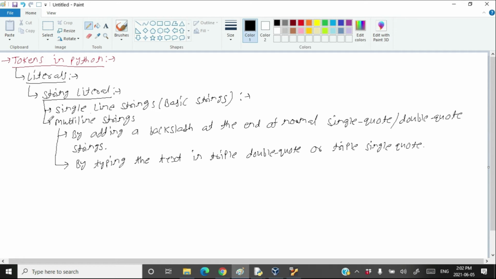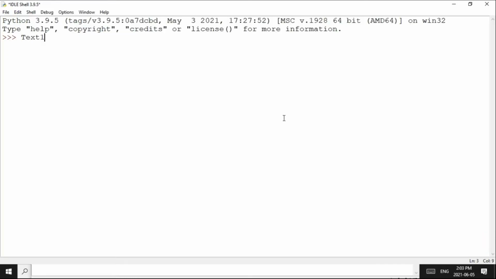Now let's see something very interesting, and that is the size of a string. Text1 is equal to apple. If you want to find the size of the string, then you have to pass the variable name or the literal to something called the len method.